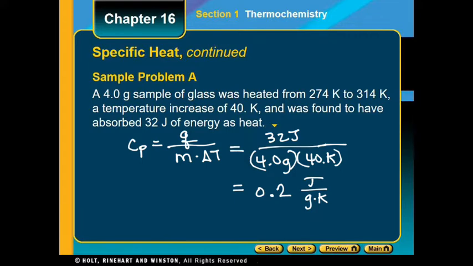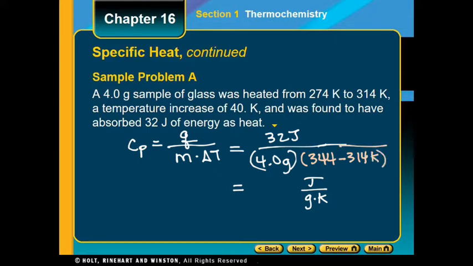Part B, it wants us to do the exact same thing, but this time the temperature difference is from 314 to 344 Kelvin. So I'm going to go back up here, and I'm just going to erase that 40 Kelvin. We'll see what our new answer is going to be. And this time we are putting in 344 minus 314 Kelvin.